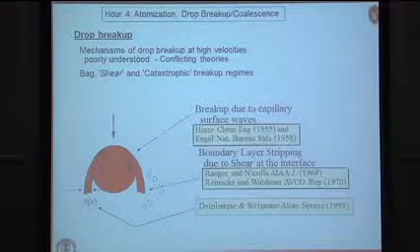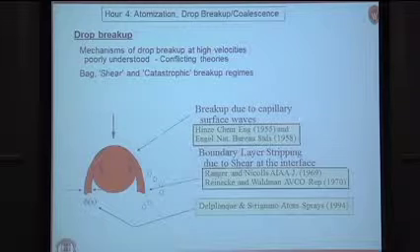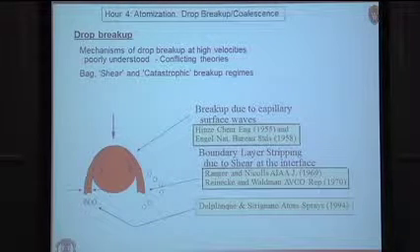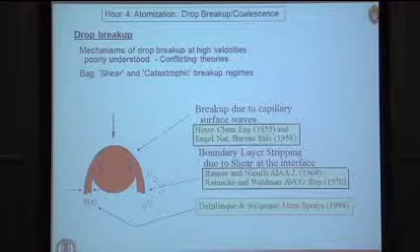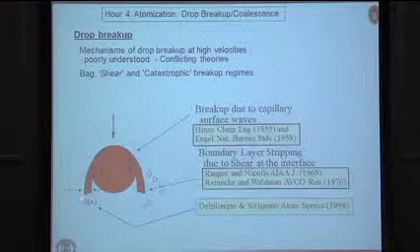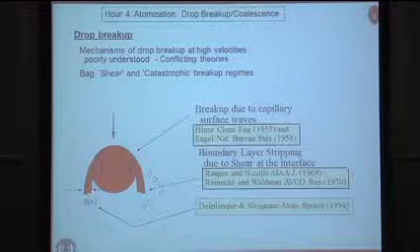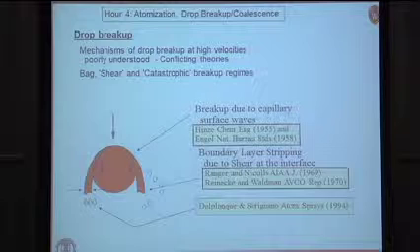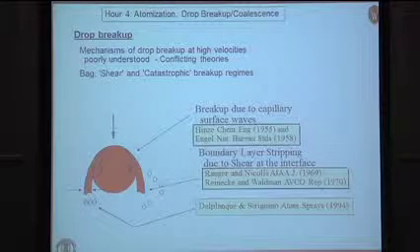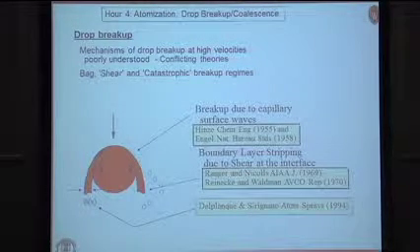And in fact, Professor Sirignano and his group developed a theory and published it in the 90s, where they calculate the thickness of this boundary layer and argue that the drops that are formed are somehow related to that boundary layer thickness.